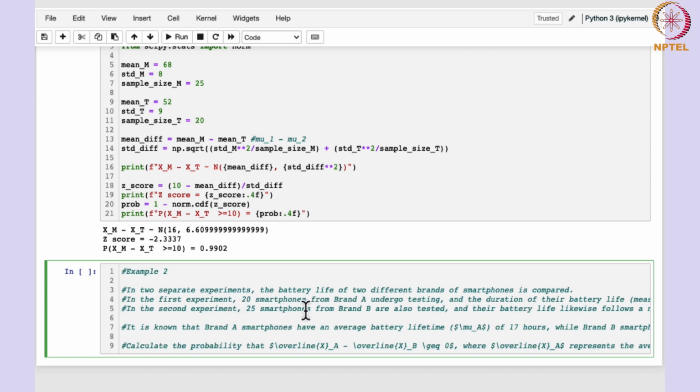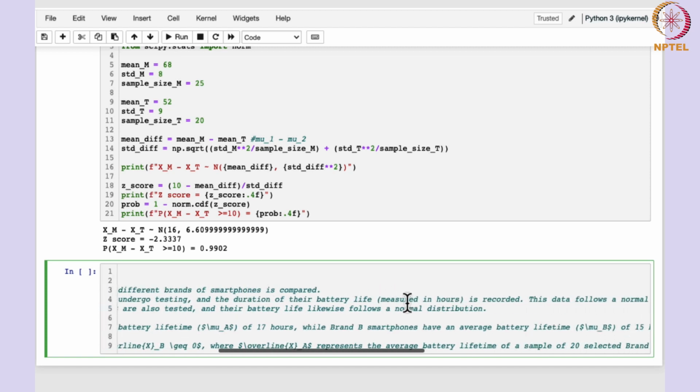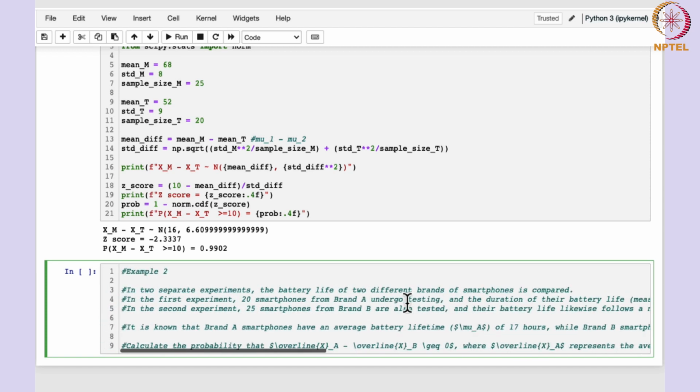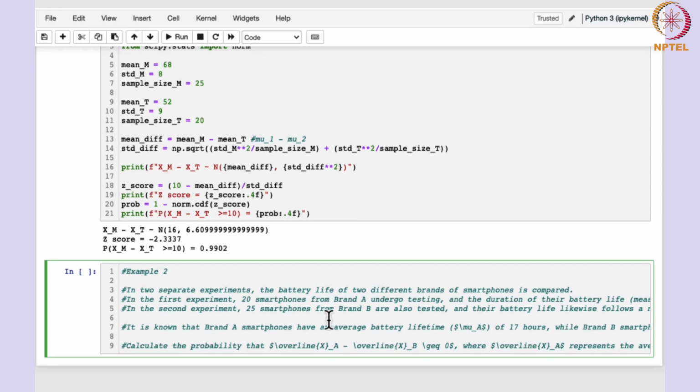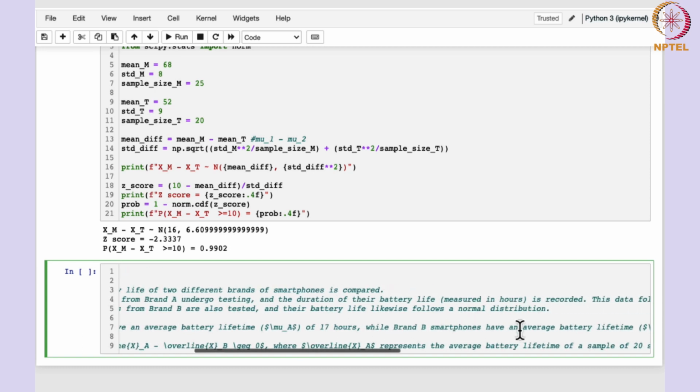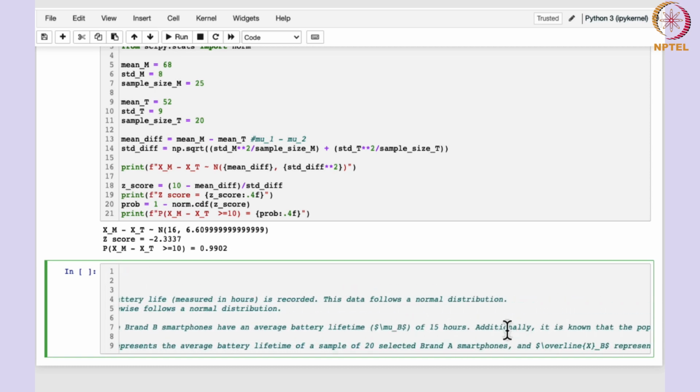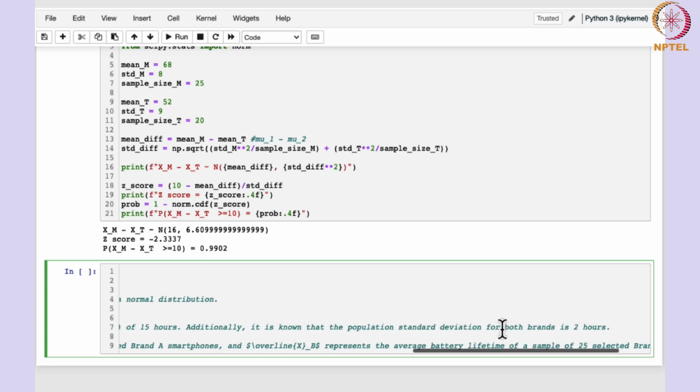In the first experiment, 20 smartphones from brand A undergo testing and their duration is recorded. They follow a normal distribution. Again, from the second one, 25 are given. They are both normally distributed, you know the mean for both of them, and additionally their standard deviation is the same, that is true, right?